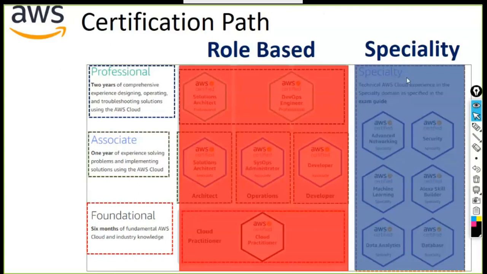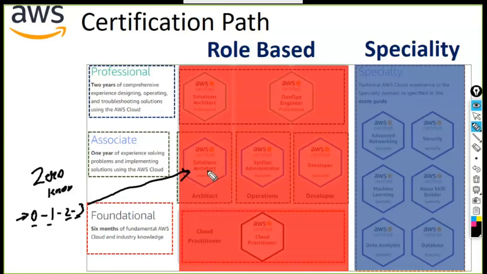Do we need cloud knowledge fundamentals? See, you can still have zero knowledge, but from zero you have to start, and sure, you can reach the solutions architect. To start with solutions architect, as per the community suggestion, you can still have zero knowledge of the cloud platform. But still you can go ahead and complete the solutions architect, moving on the ladder of 0 to 1 to 2 to 3 and so on.